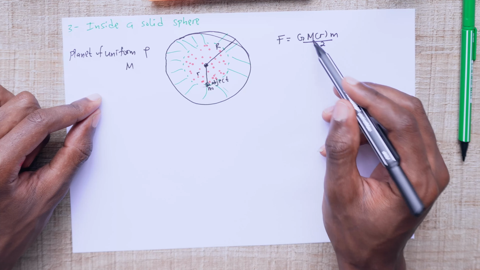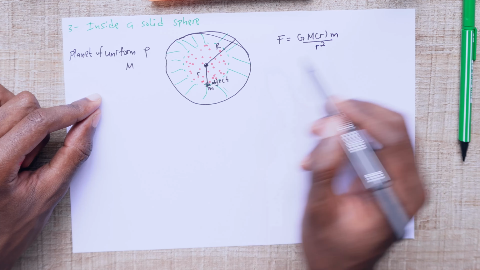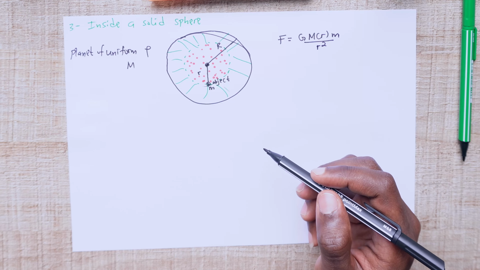So it's G M of r, small m, divided by the distance that separates them.